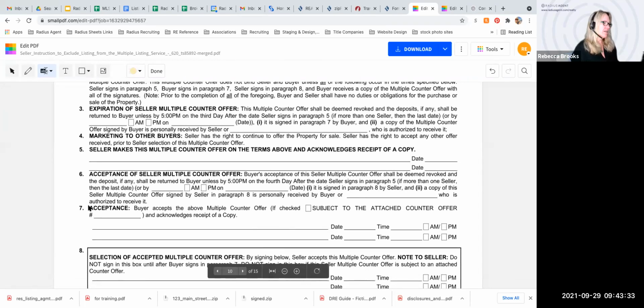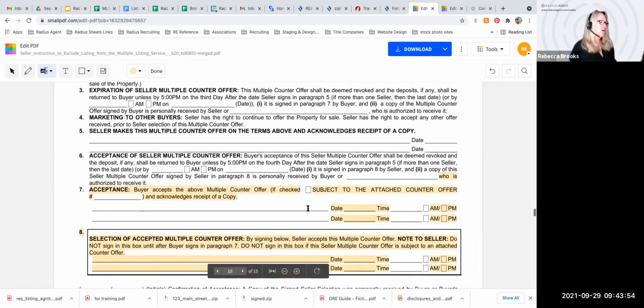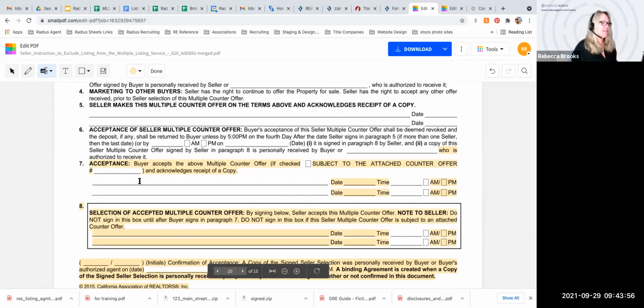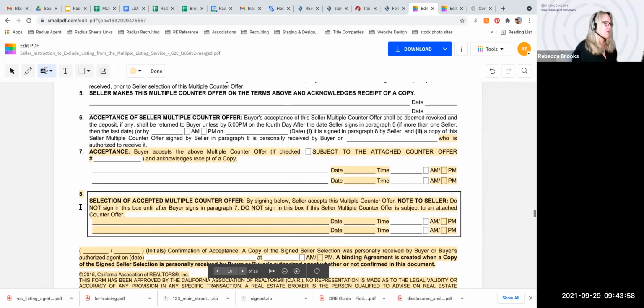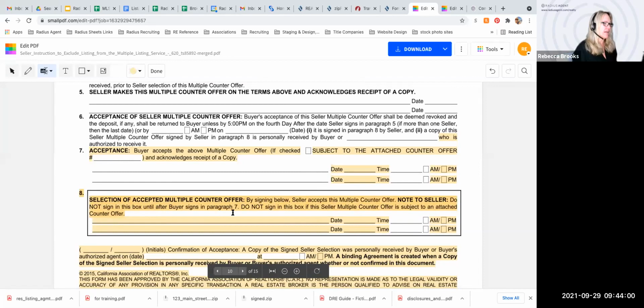This right here is the acceptance, where the buyer accepts it, or subject to another counter offer. So this is where the buyer replies. Okay, so then the buyer goes ahead and either signs it, or they check the box and they counter back to the seller. And then guess what? Then the seller has to go ahead and sign again right here.